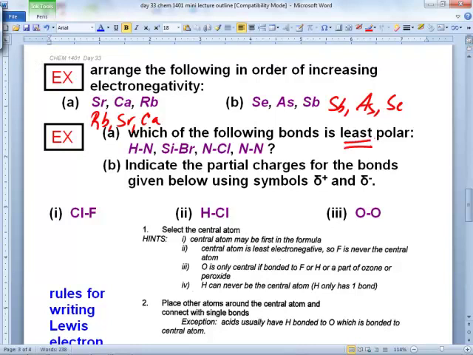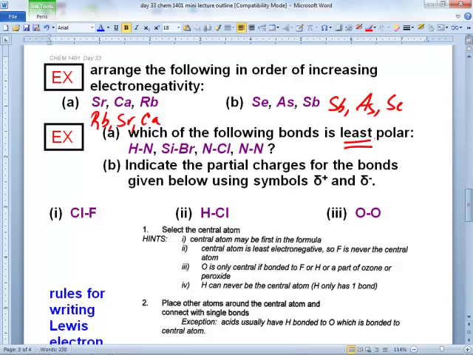Which of the following bonds is least polar? We've got an H-N bond, Si-Br bond, N-Cl bond, and N-N bond. They want to know which one is the least polar. If it was the most polar, you'd look at the 2 elements, see which ones are farthest spread apart on the periodic table.